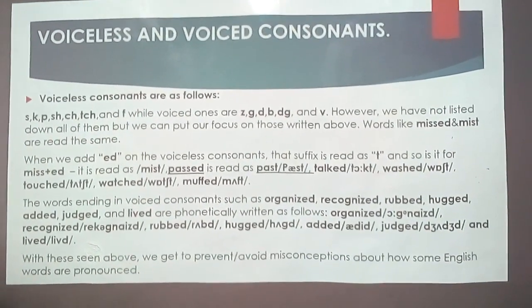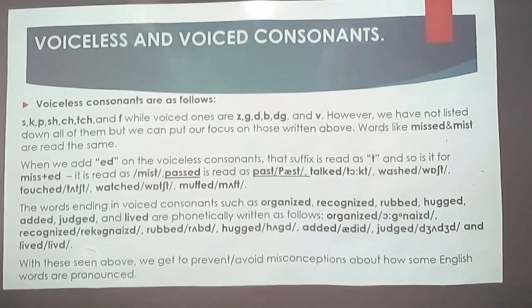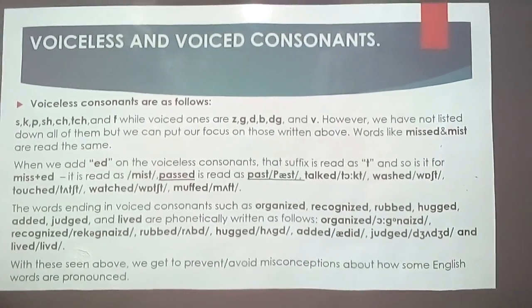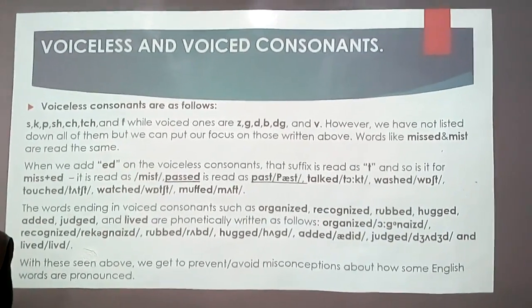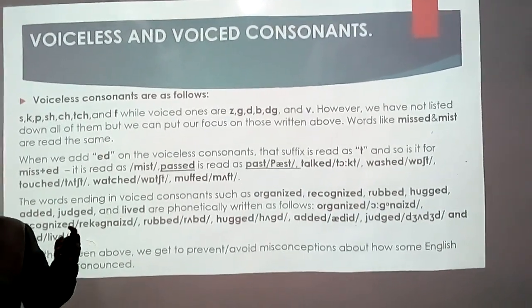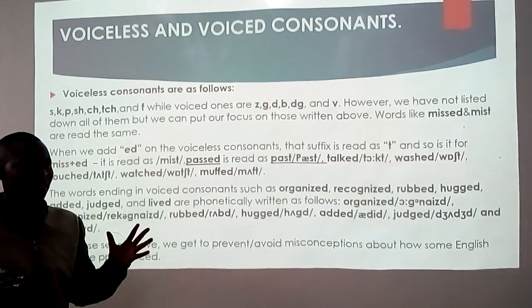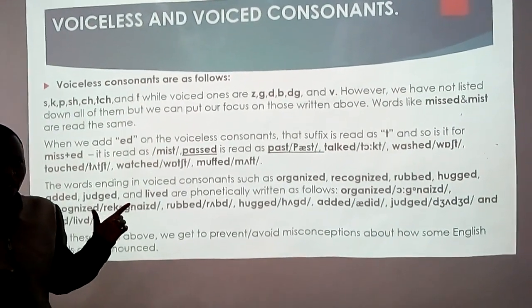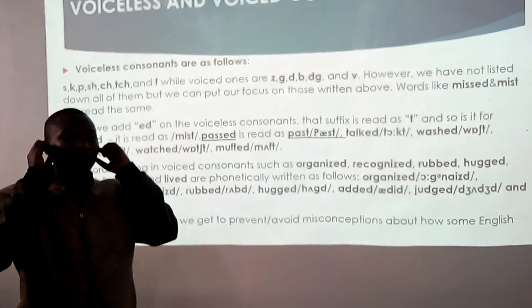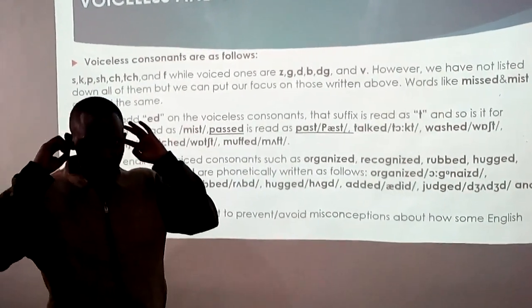Okay, voiceless and voiced consonants. Here I have to explain something about it. If you want to consider what voiceless and voiced consonants are, you have to do like this. Can you see me?